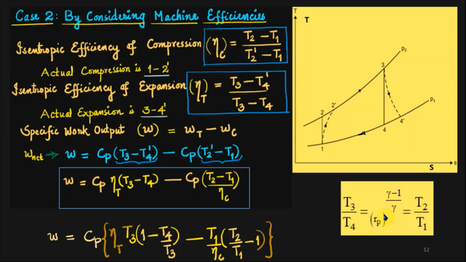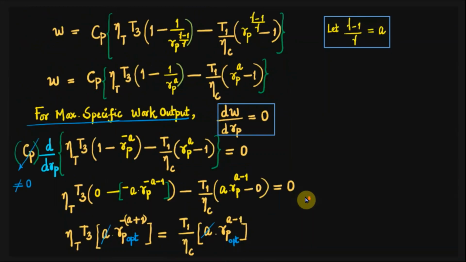So you are now going to replace this T4 by T3 and T2 by T1 in the expression for the specific net work output by the respective pressure ratio terms. So now what can you do next? W is equal to Cp into, within bracket, we already got eta suffix T into T3, and within the bracket earlier we got 1 minus T4 by T3, and T3 by T4 is Rp raised to gamma minus 1 by gamma.